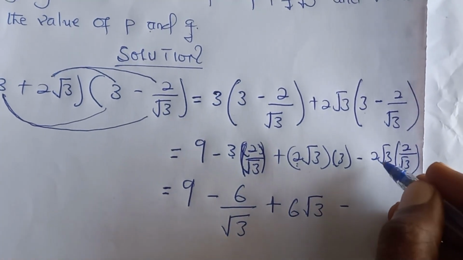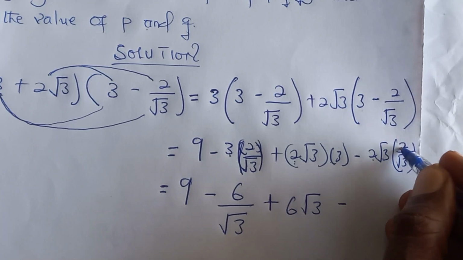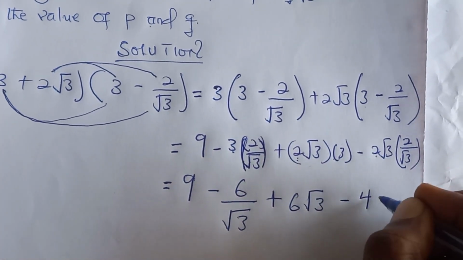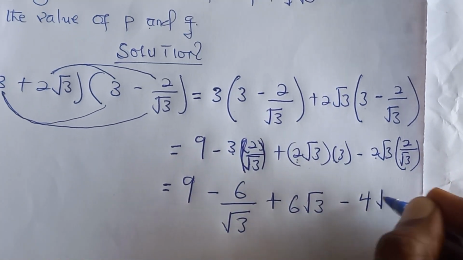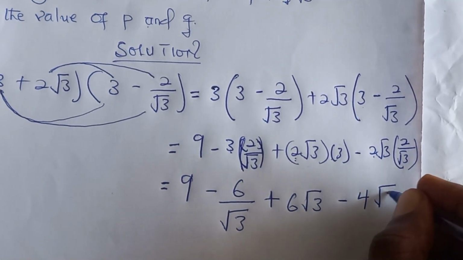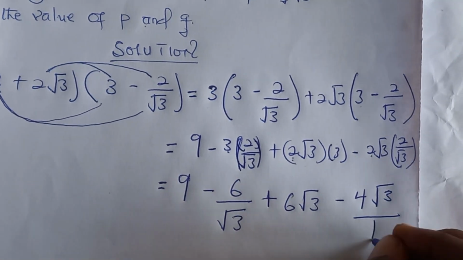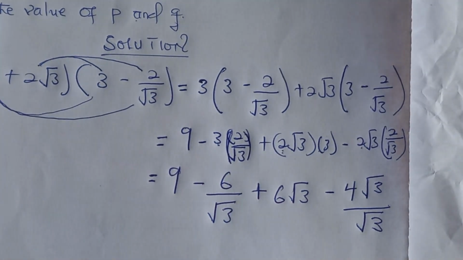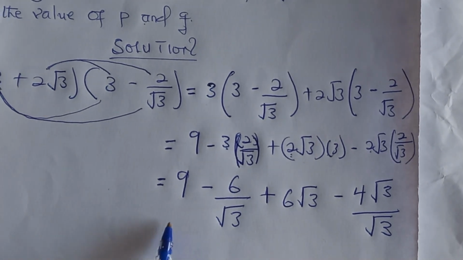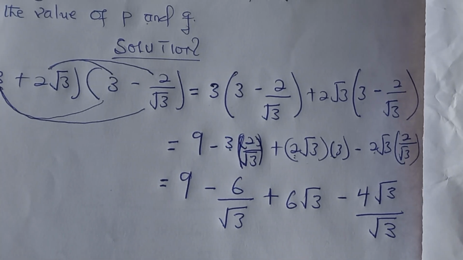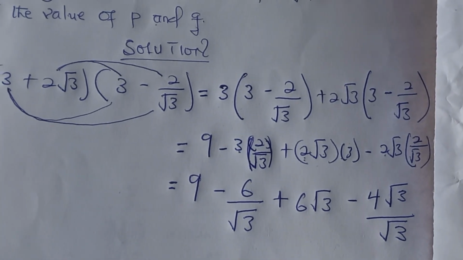Minus this one is going to be 2 times 2, which is 4, then our root is √3 on √3. Good. So when you simplify, this is what we are going to get. We can simplify it further.